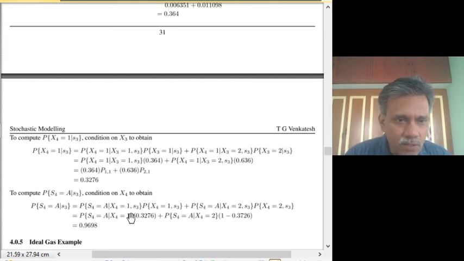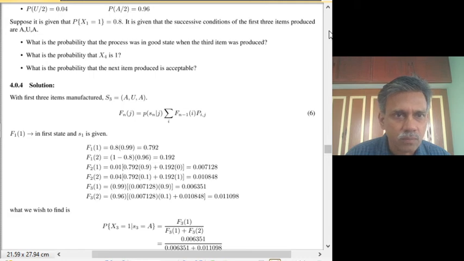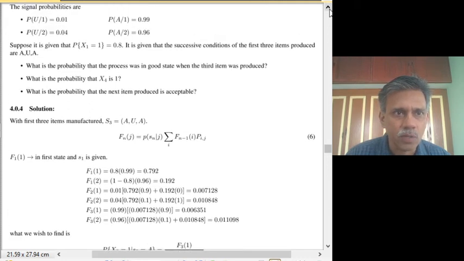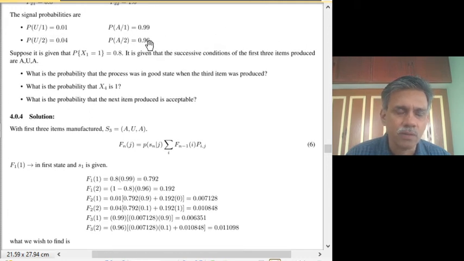Well, I think this has to be a conditional one. Yeah. So we will see that this one, S4 equal to A given x4 equal to 1, is probability of producing a good acceptable item in state 1. That is all given to us. We will make use of it.